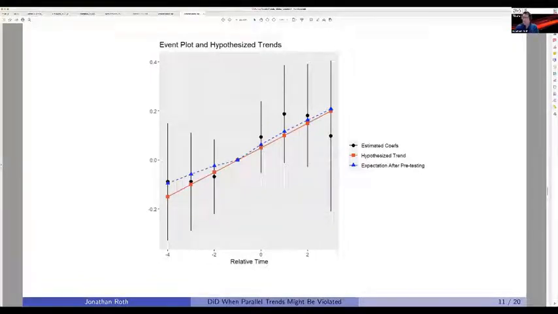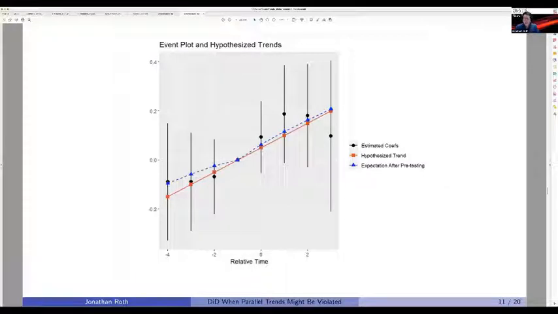I want to emphasize that if you see a plot like this, it doesn't necessarily mean that the findings in this paper were wrong. If, for instance, we knew that the assignment of this treatment was as good as random, or nearly as good as random, we might believe that parallel trends holds ex ante. And so the fact that the data is consistent with this smooth trend may not be concerning to us, because we know that there's no difference in trends at all if the treatment hadn't occurred.